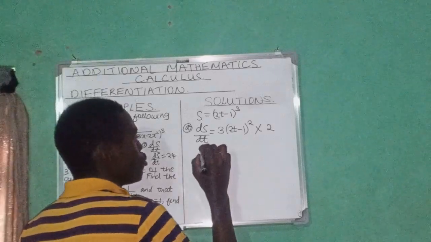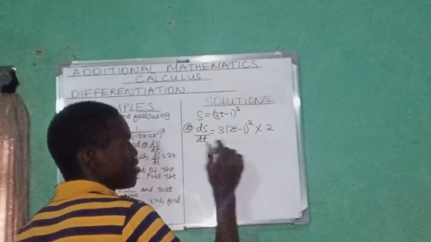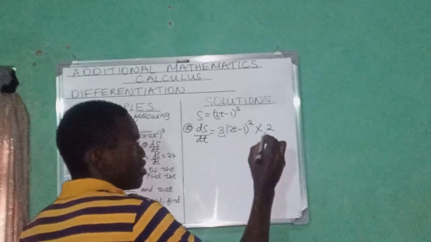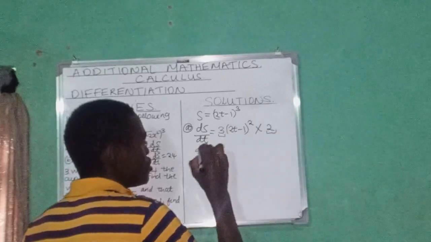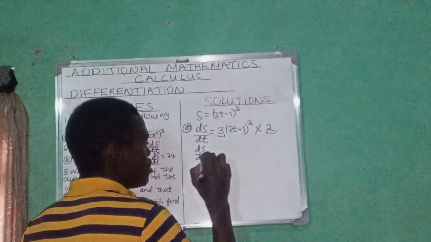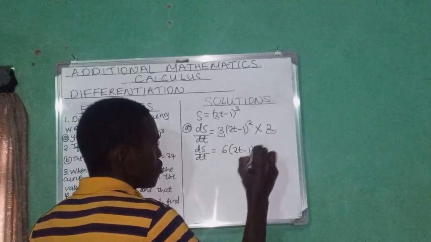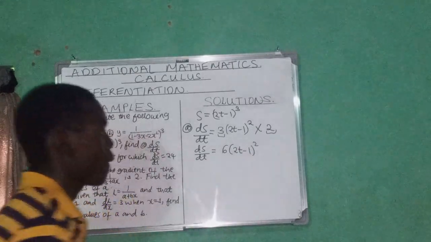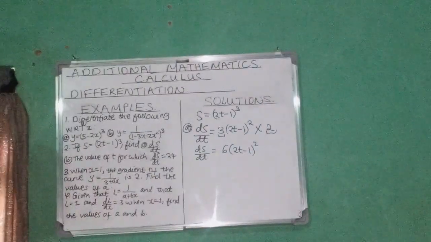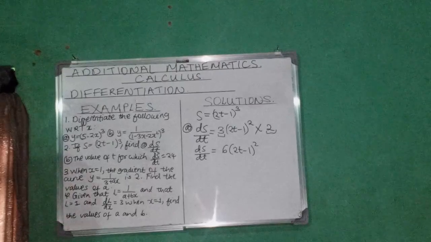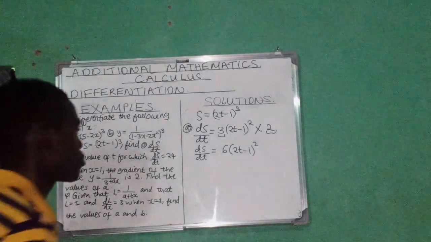Then you have your final answer. We can't leave it like this. So if you have numbers like this, just multiply them. Your ds/dt would be equal to 6(2t minus 1) squared.